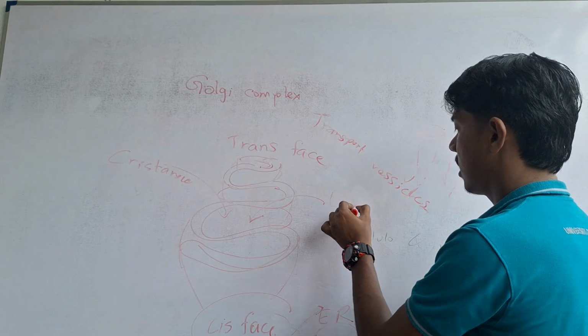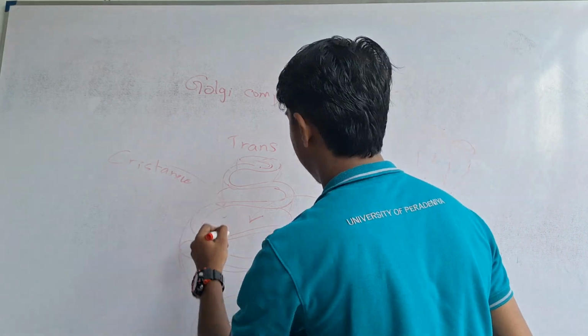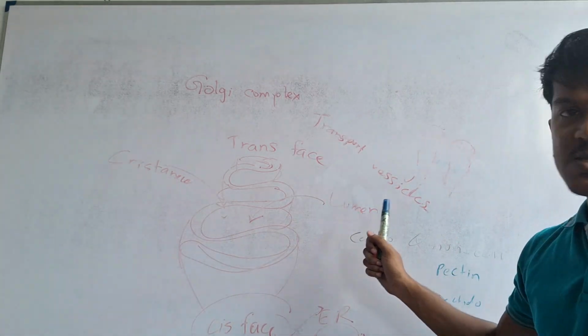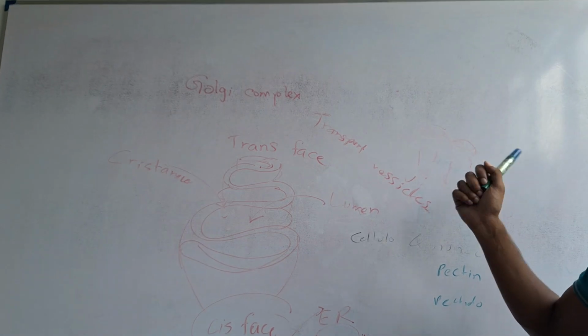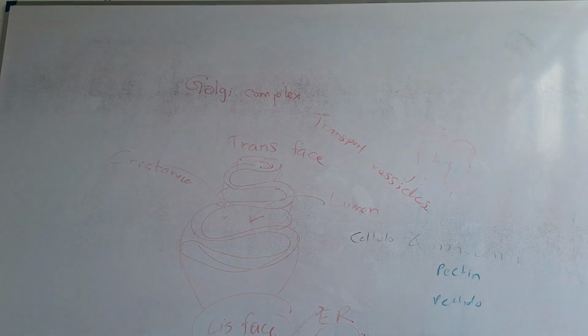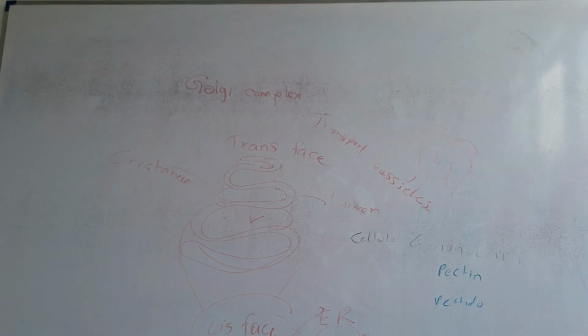The same lumen is present in RER and SER. Three functions: production, packaging and distributing materials; production of lysosomes; and production of cellulose and non-cellulose components, for example pectin and peptidoglycan. Clear? Okay.